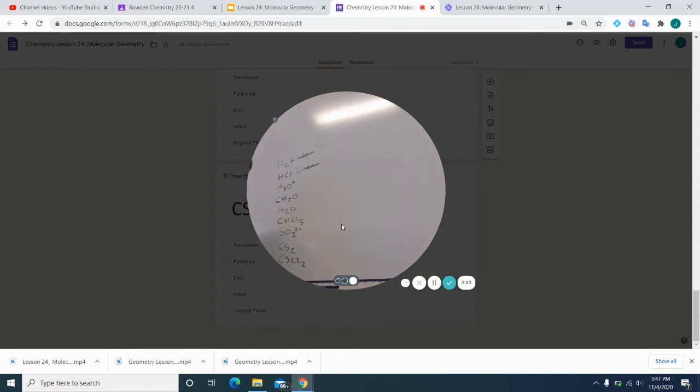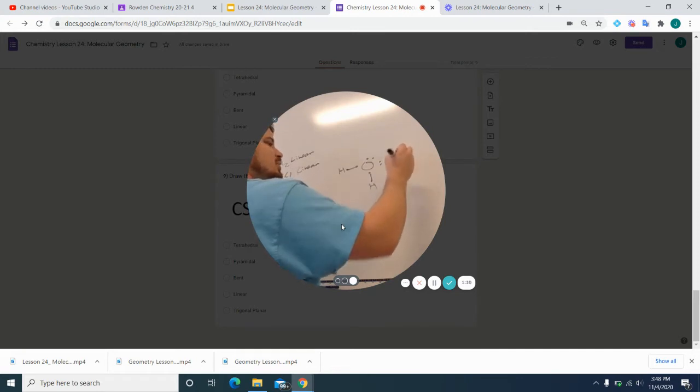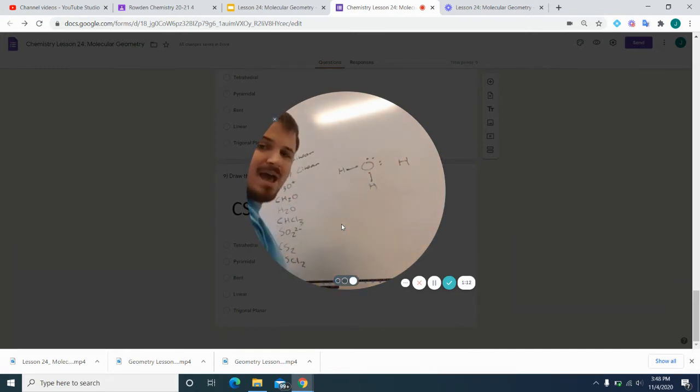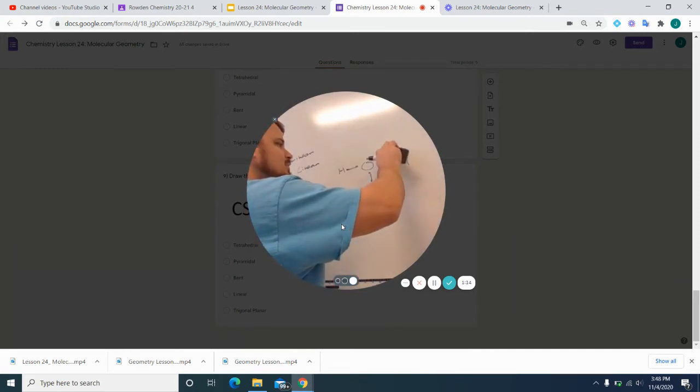Now we do H3O plus. So H3O plus, we're going to have an oxygen, which normally has 6 electrons. And so we do 1 H, we do 2 H's, and then we're going to have a third H. And what's going to happen, because it's a plus, you get to eliminate 1 electron.